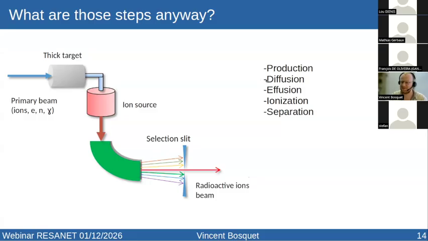Then the second step is to extract these radioactive isotopes from the target, and this process is called diffusion. And then you would transport these radioactive atoms from the target to the ion source through a transfer tube, and this is called effusion. Then the next step is to ionize these radioactive atoms, and then once they are transformed into a radioactive ion beam, to separate them.